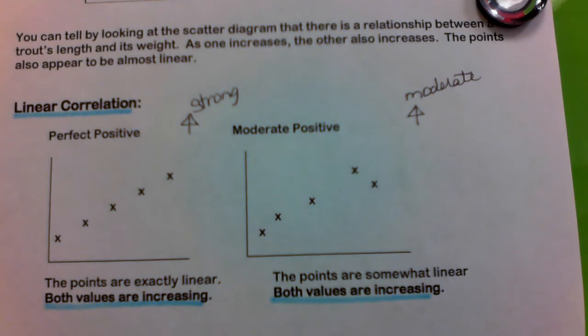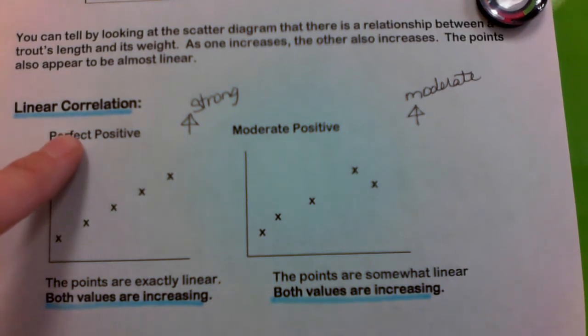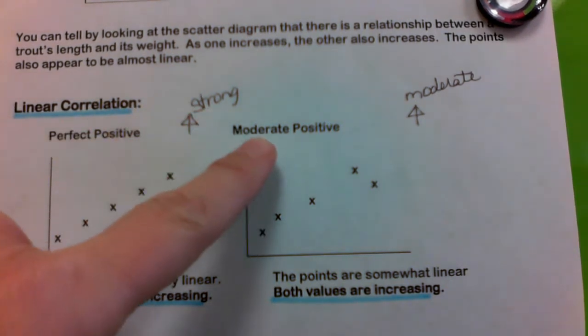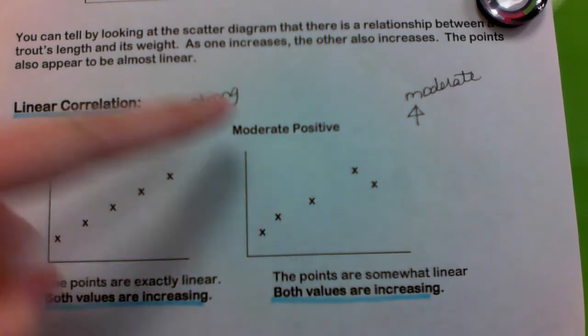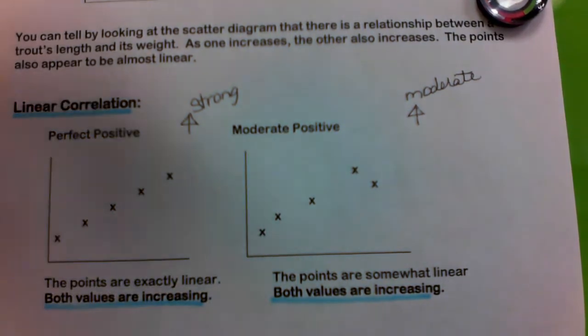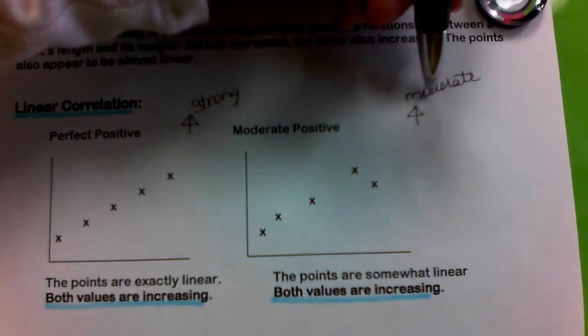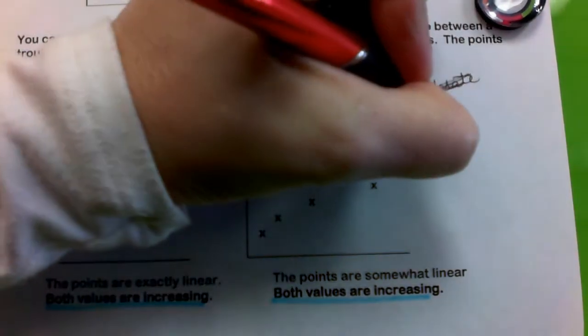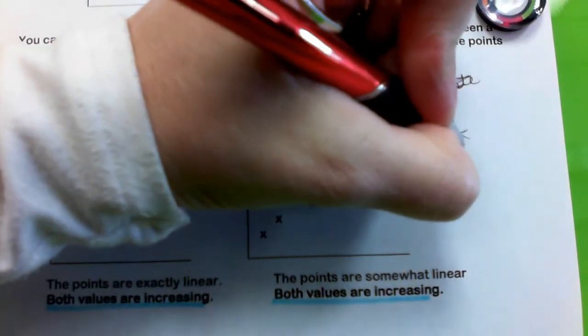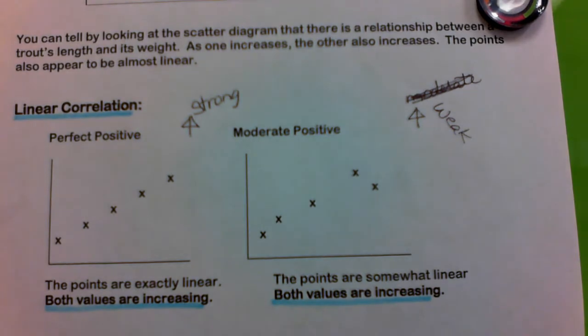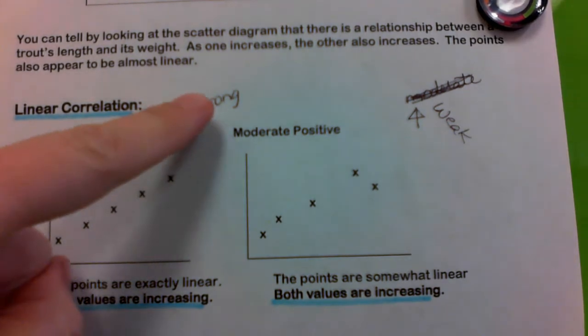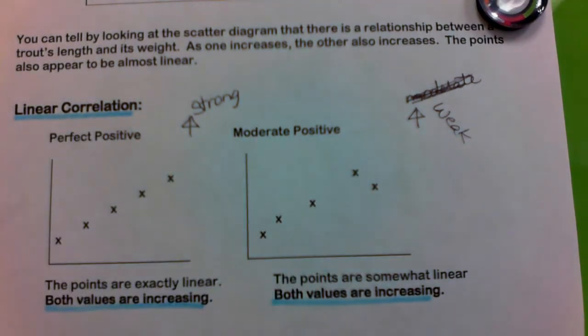In a positive correlation, you can have what we call perfect positive, strong positive, moderate positive, and this, I wrote moderate again, but this is supposed to be weak positive. Sorry about that. So perfect, strong, moderate, or weak positive.